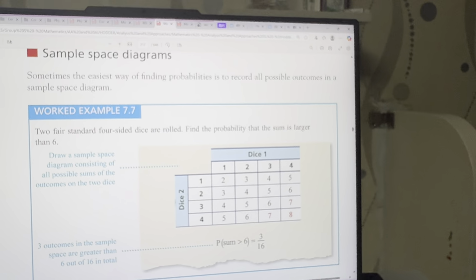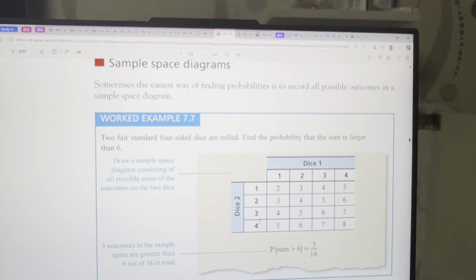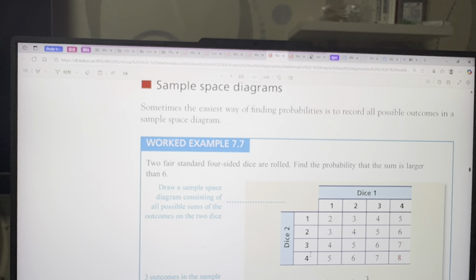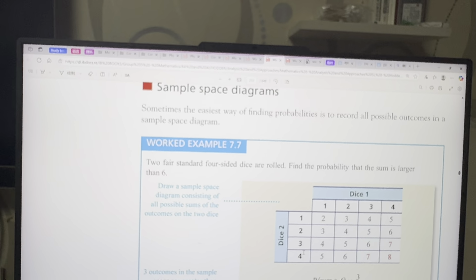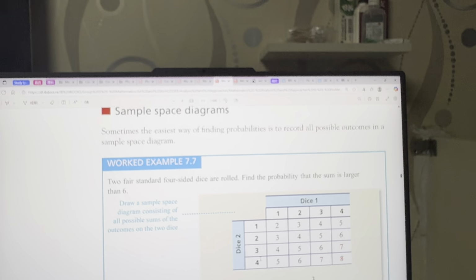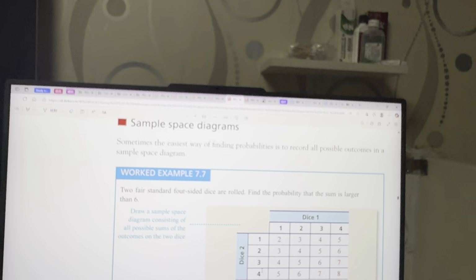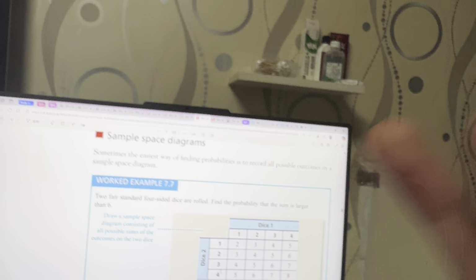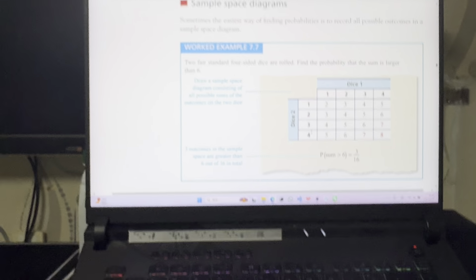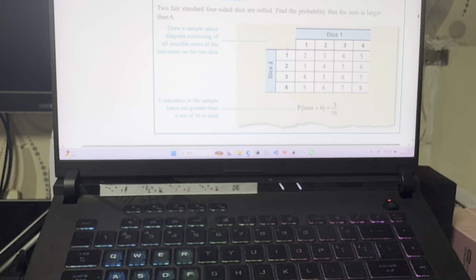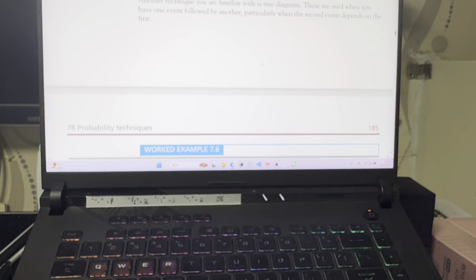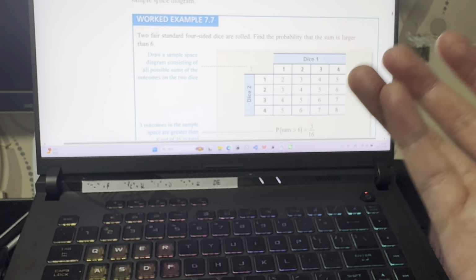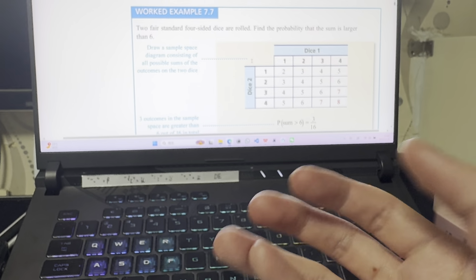They said roll 2 fair standard 4-sided dice, but actually, if you roll 2 fair standard 4-sided dice, it's the same as if you roll a 4-sided dice 2 times. So it means the same thing. You can use tree diagrams and also sample space diagrams, but the result should be the same if you don't make a calculating mistake.